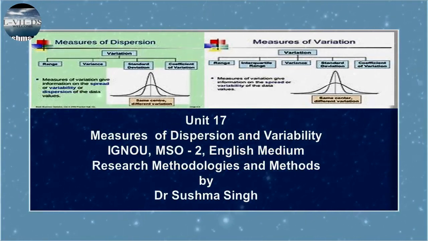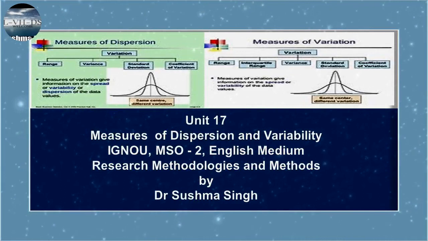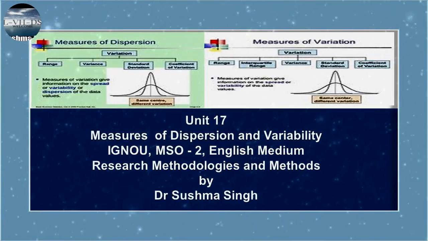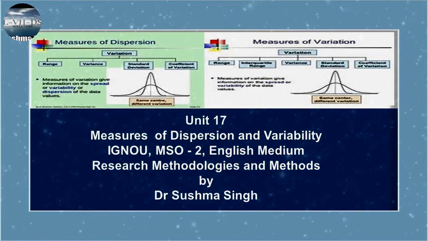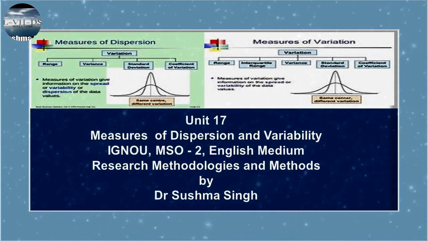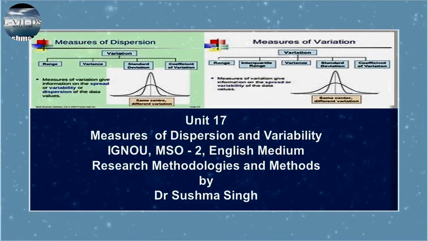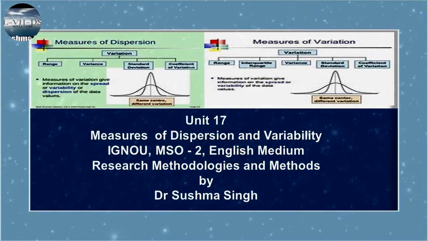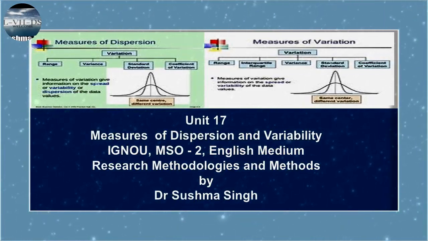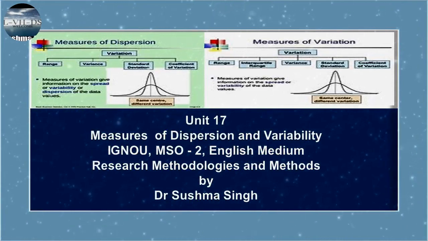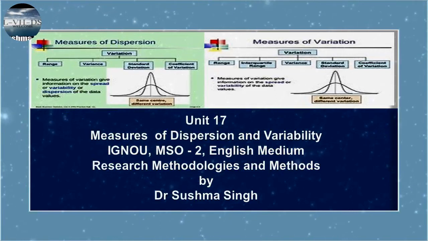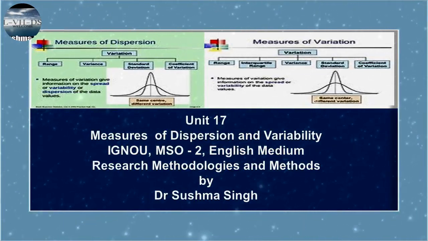Now the next point is the coefficient of variation. Ratio scales are useful in social science research when an investigator is interested in the variability of a sample on one characteristic as compared to another. The coefficient of variation is the percentage ratio of standard deviation to mean, and it is calculated using the following formula.